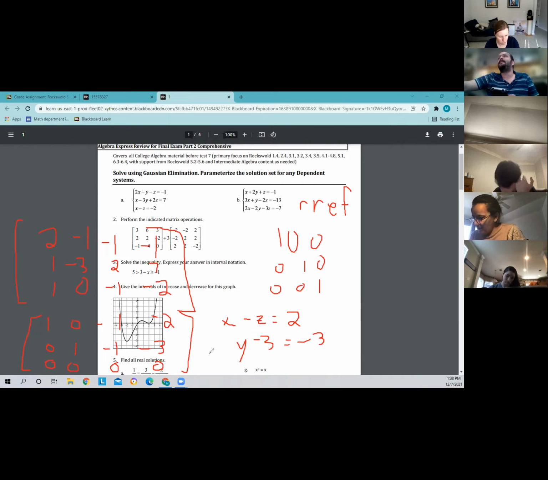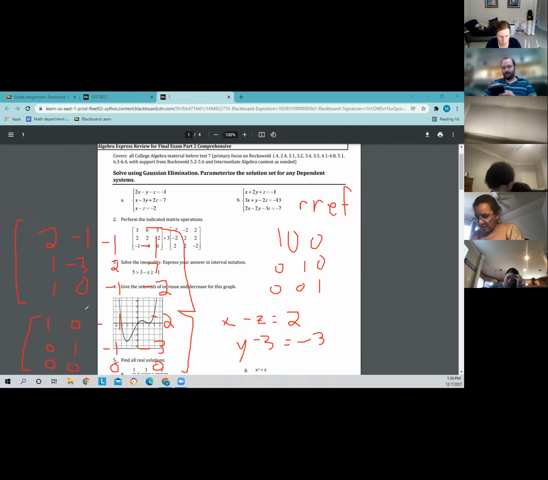No, teacher, I think you made mistakes in your calculator, because I don't know if it's me or you. I find 1 0 minus 1 minus 2, 0 1 1 3, and then all zeros.